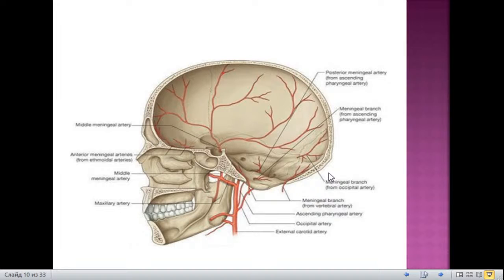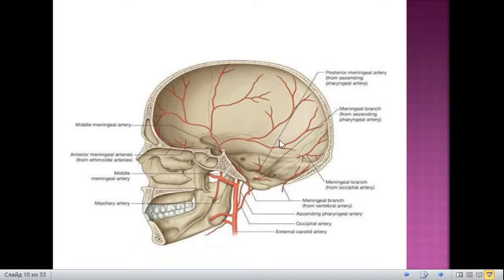So let's make a conclusion and repeat the arteries which supply the dura mater. First, the floor of the anterior cranial fossa: the anterior meningeal artery, from the ophthalmic, from the internal carotid.